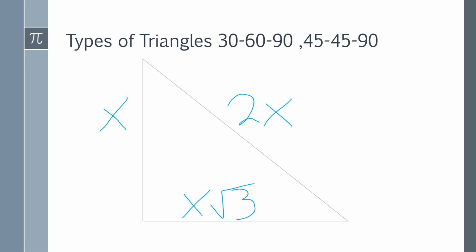So let's do an example quick. And this is the 30, 60. So I'm going to put 30 there so you can know. And let's just do an example. So if my A is 6, and then if my B is 6 square root 3, well, let me place this on top.